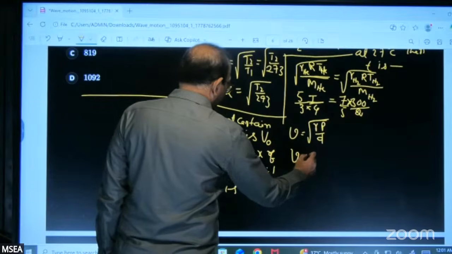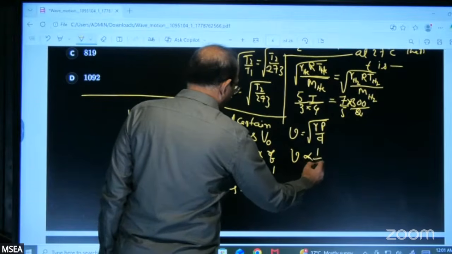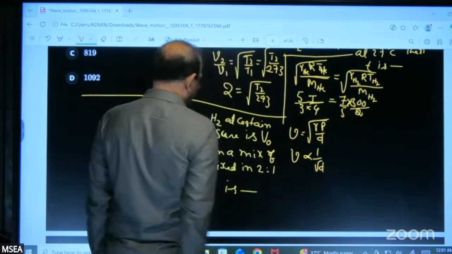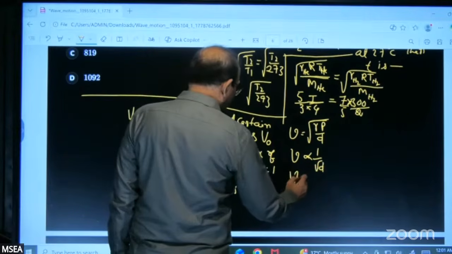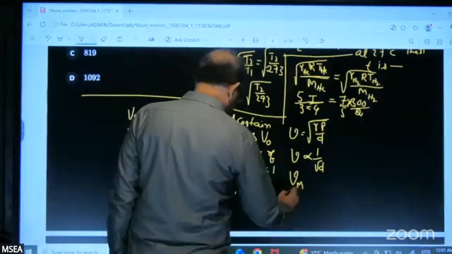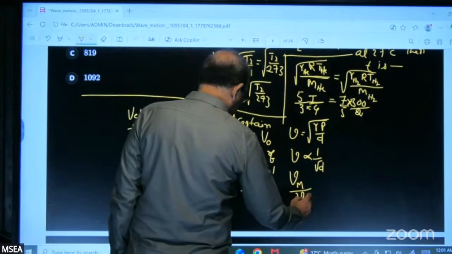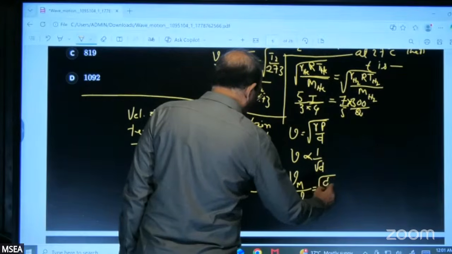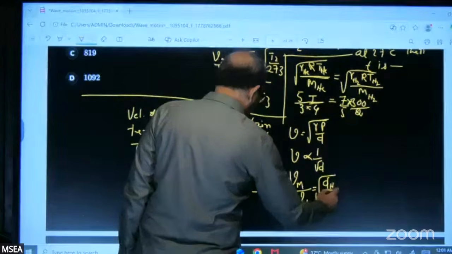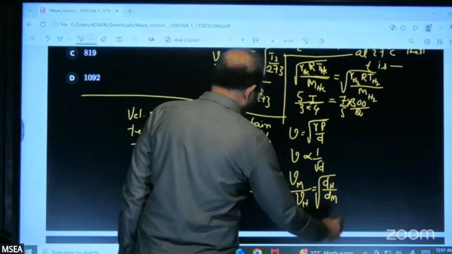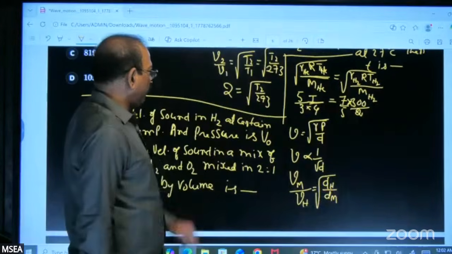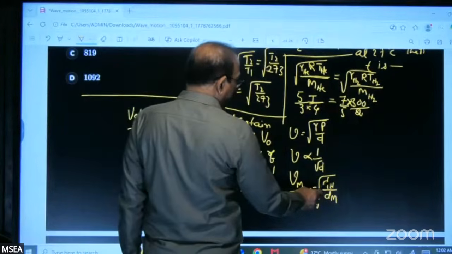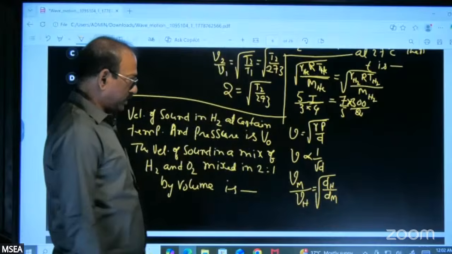So V is inversely proportional to root of density. That means the velocity of sound in the mixture by the velocity of sound in hydrogen is root of density of hydrogen by density of mixture. So you have to find the mixture density in terms of hydrogen density.